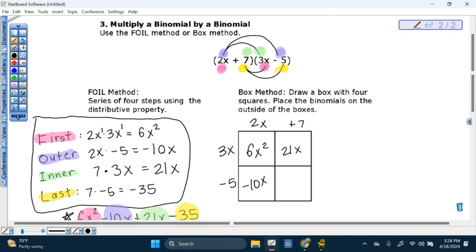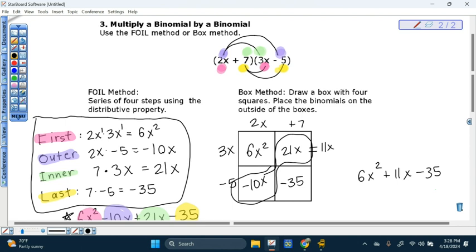Negative 10x. 7 times negative 5? And where are your like terms? Yeah, the 10x and the 21x. Those two combined together give us 11x. Okay, so now I have 6x squared plus 11x minus 35.